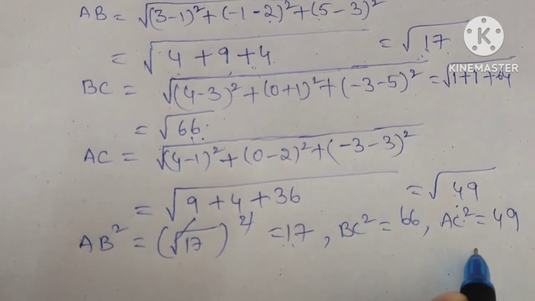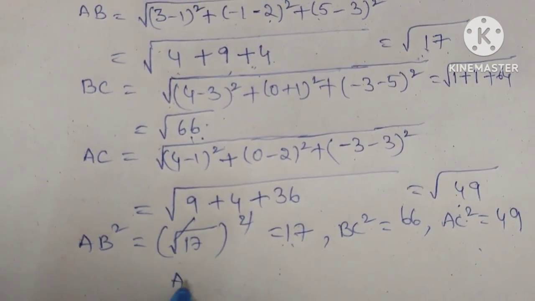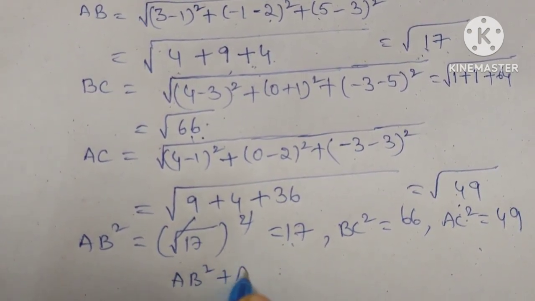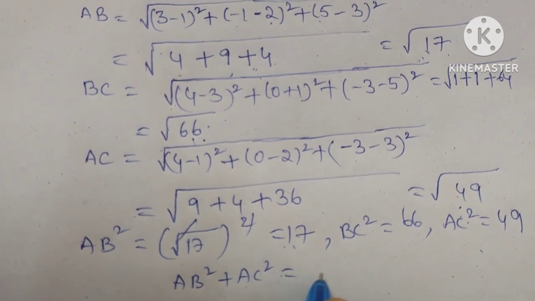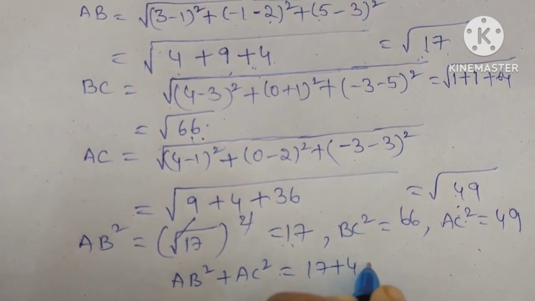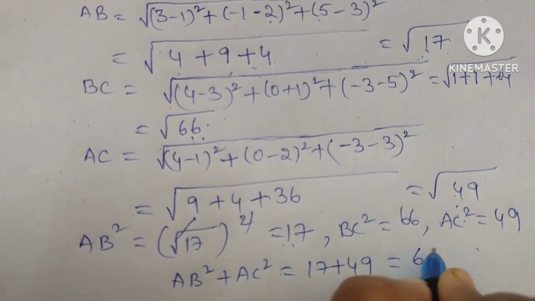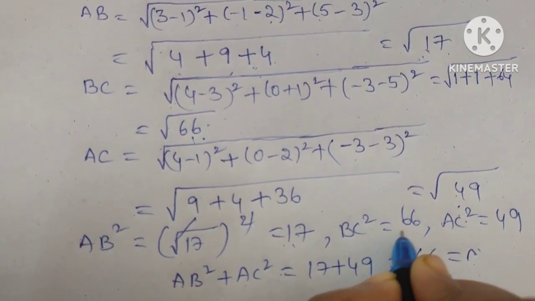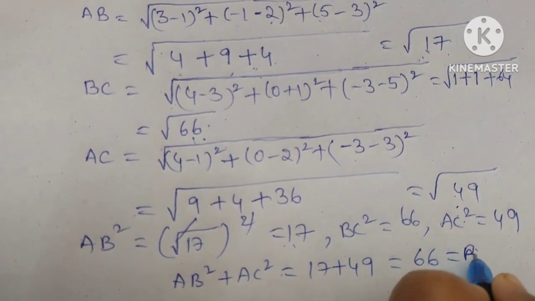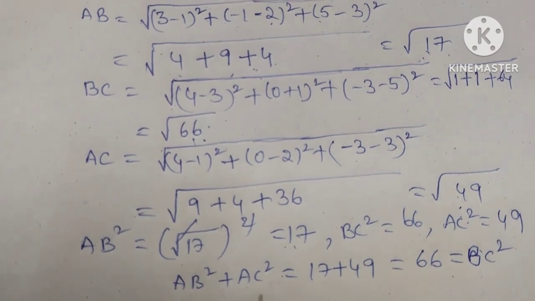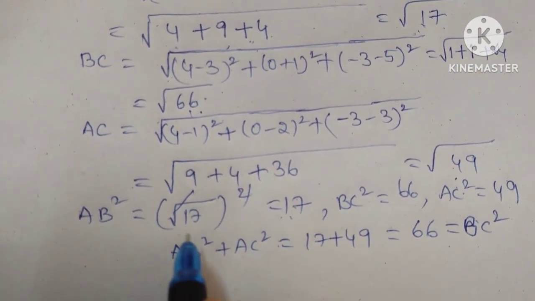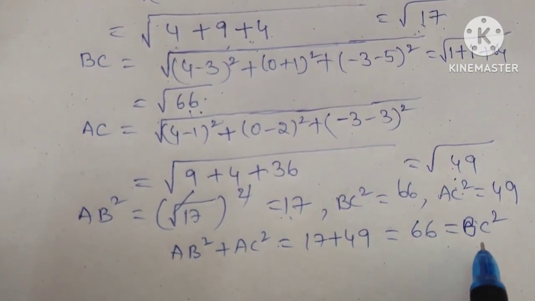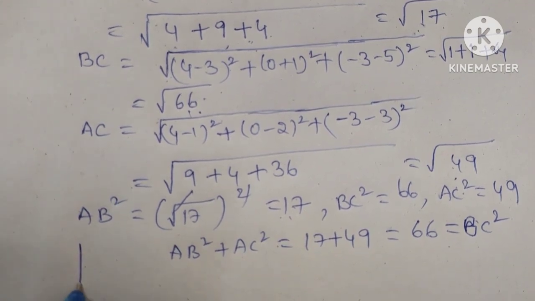AB square plus AC square, that is 17 plus 49, is 66, which equals BC square. So clearly AB square plus AC square equals BC square.